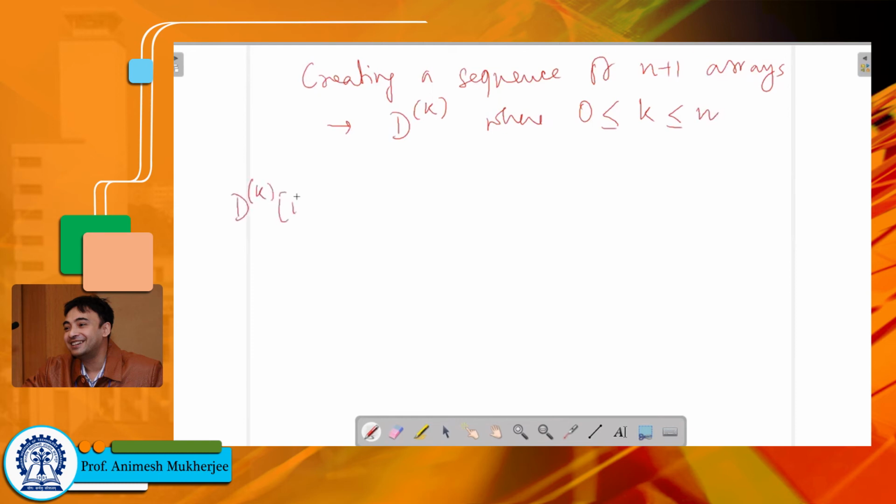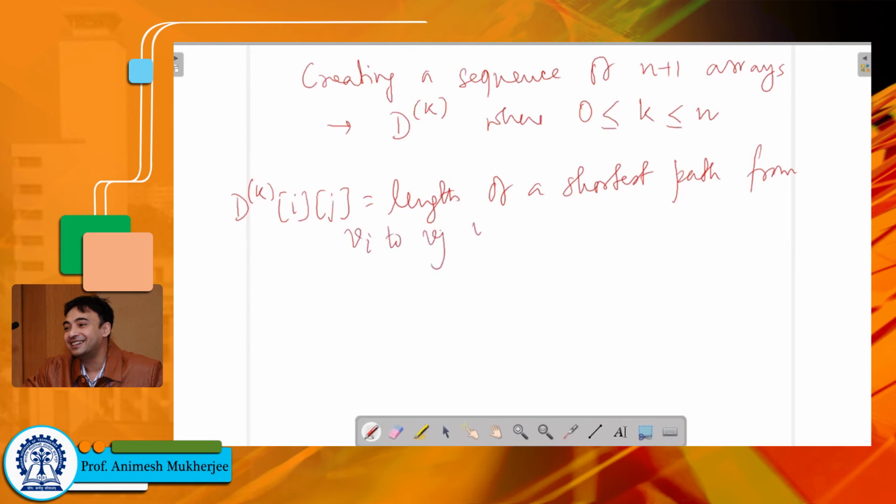d^k_ij is equal to the length of a shortest path from Vi to Vj using only vertices in the set V1, V2 up until Vk as intermediate vertices.